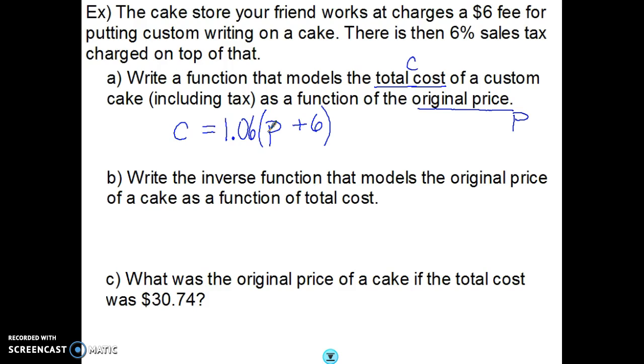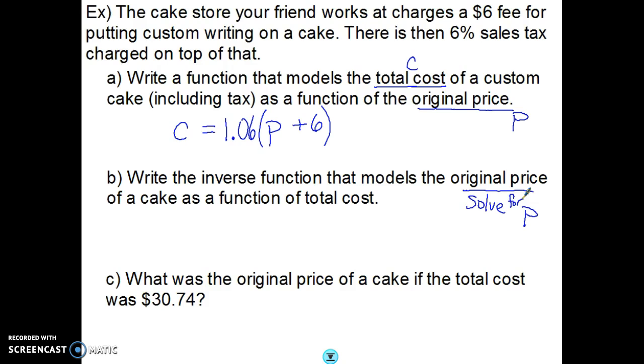So if we want to now find the other direction, right, if we want to find out the original price, if we know the total cost, then that means we have to solve this equation for P, which is essentially finding the inverse function, right, the function that undoes the one we wrote up there.